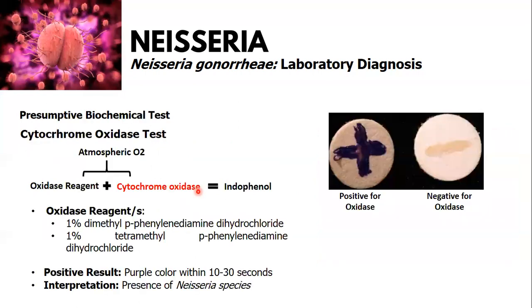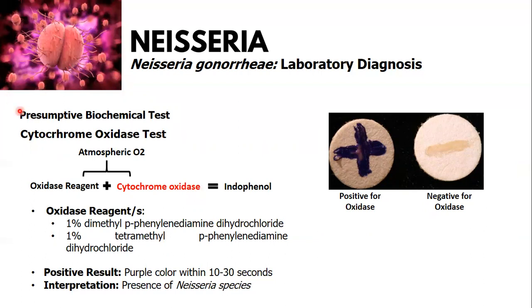And that presumptive biochemical test is the cytochrome oxidase test. I'll repeat, when shall you perform the cytochrome oxidase test? Only if you are able to observe the presence of gram-negative diplococci that are kidney bean or coffee bean shaped in appearance.